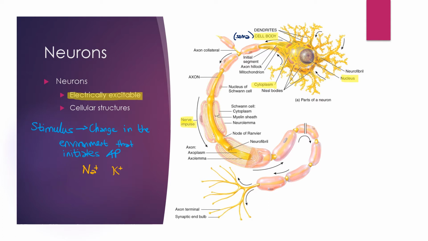Now, cell bodies also contain free ribosomes and really prominent clusters of rough endoplasmic reticulum that we specifically call Nissl bodies. So Nissl bodies are clusters of rough endoplasmic reticulum. Nissl bodies actually give the cell body of neurons a gray-colored appearance.